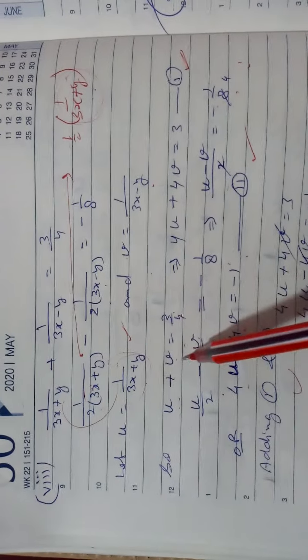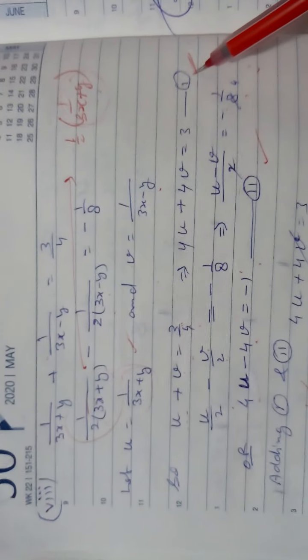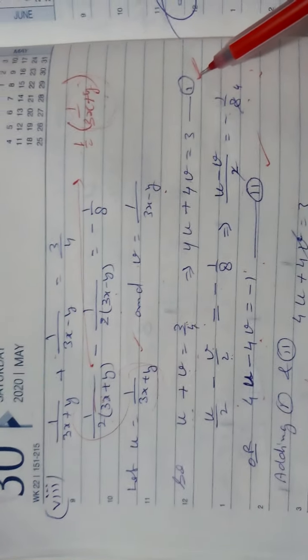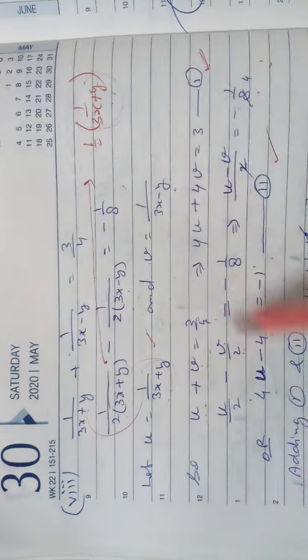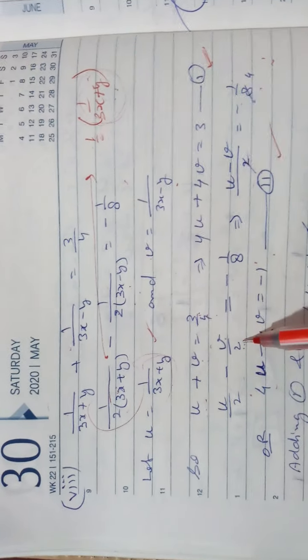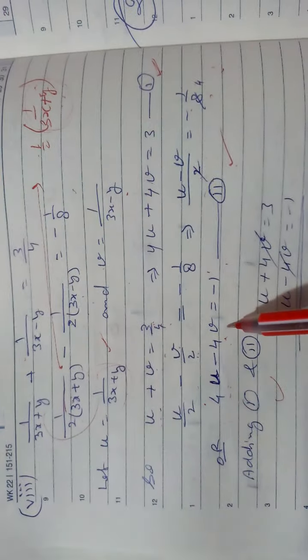So here u plus v is equal to 3 by 4 by first. Take the LCM, you are getting equation 1. But the second one: u by 2 minus v by 2 is equal to minus 1 by 8. Take the LCM, 2 fours are 8, cross multiply, you are getting the second equation: 4u minus 4v equal to minus 1.